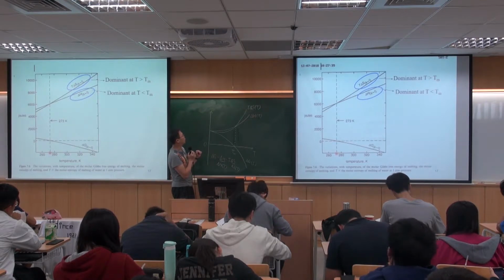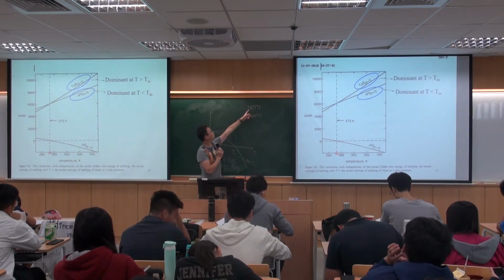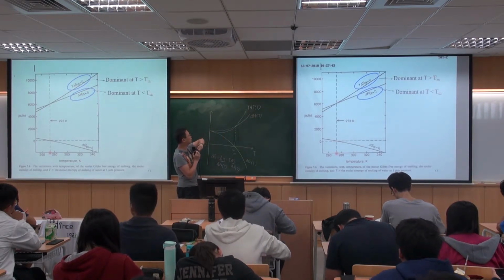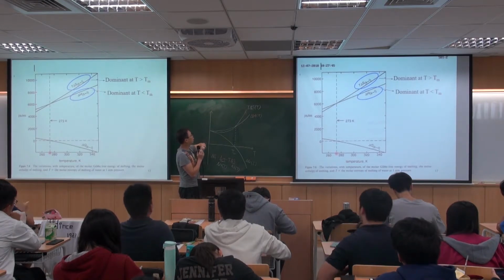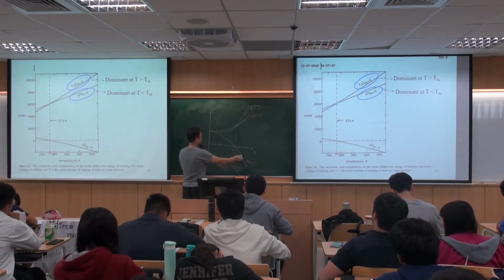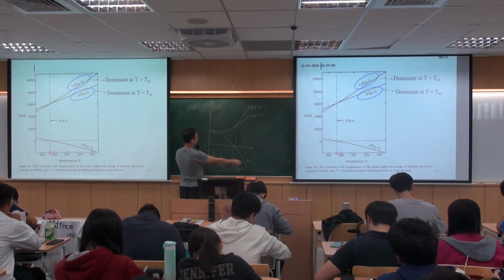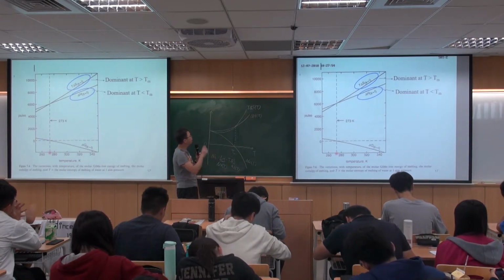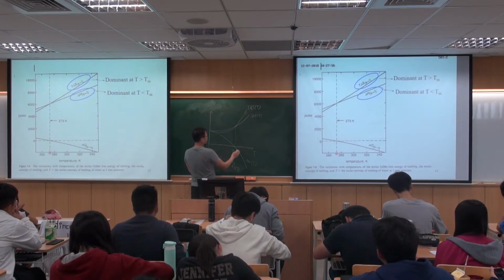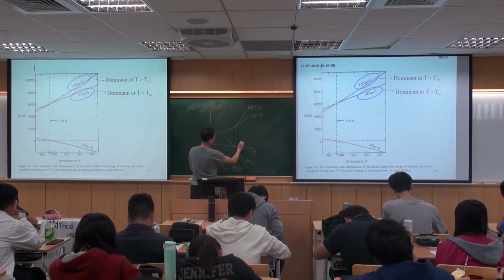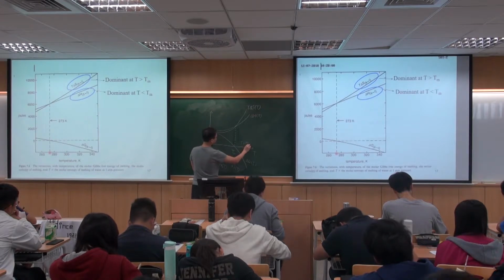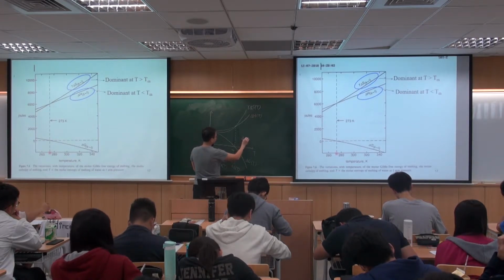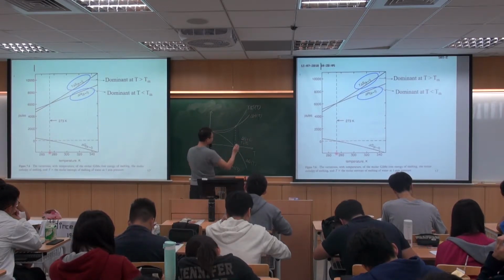In this case, we also have the T times delta S. And we know that if you look at delta G, it should be something like this. This is what we already saw earlier today. And we know that if the temperature is above the melting temperature, then delta G is less than 0.